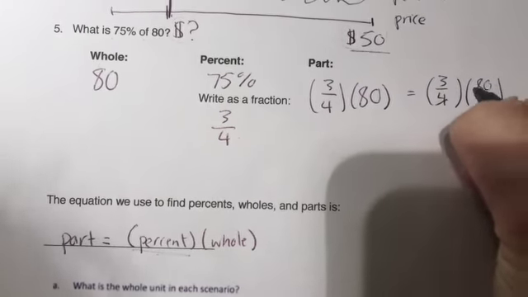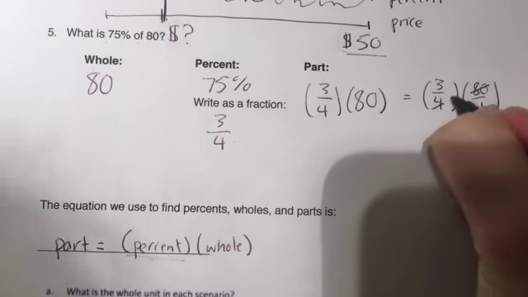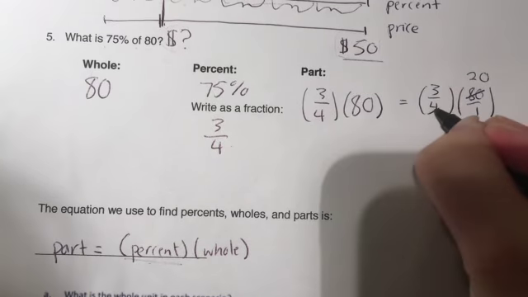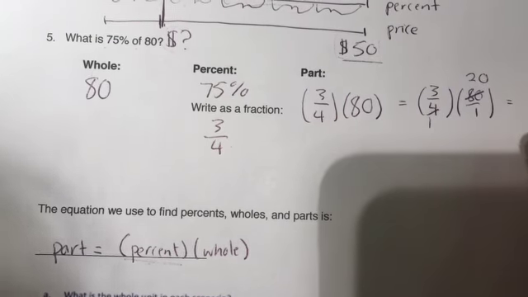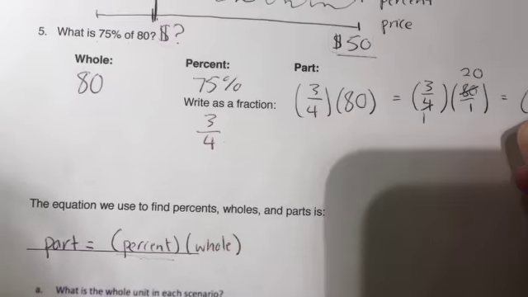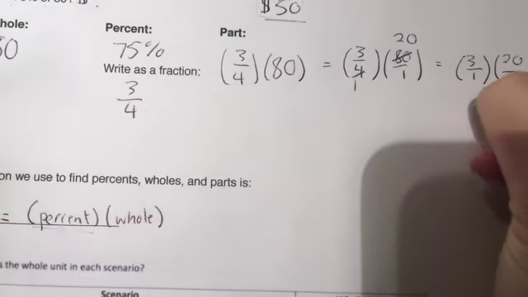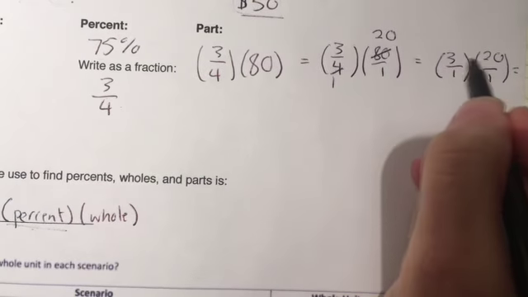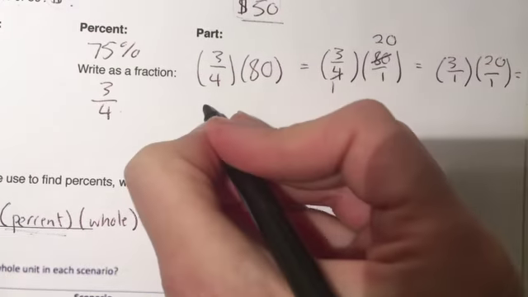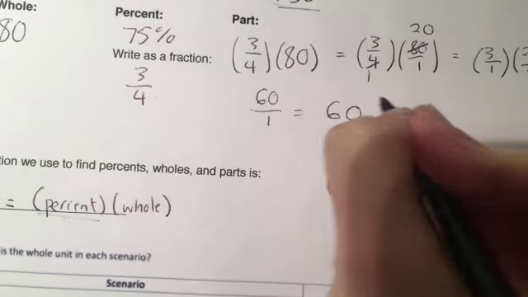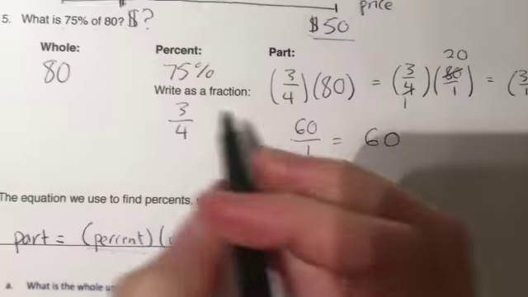So 4 goes into 80 20 times. So I'm left with a 1 on the bottom here. And I have 3 over 1 times 20 over 1, which is going to be just 3 times 20, which is going to give me 60 over 1. So our part is 60.